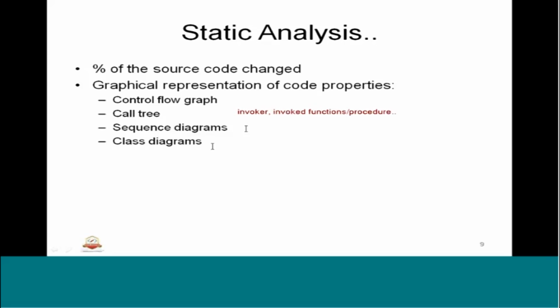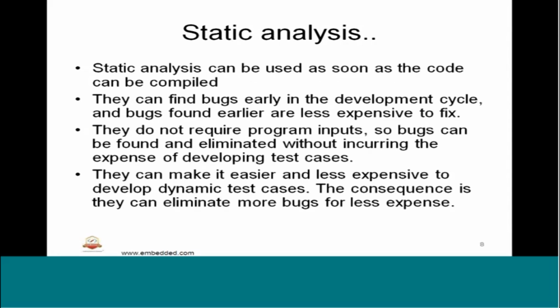I will try to put a few inputs on class diagrams and sequence diagrams, which are useful in representing the code and its properties. These are all analyzed statically, either with the help of a tool or manually. So that is how static analysis is done with different aspects of the code. Basically it is done on the code.